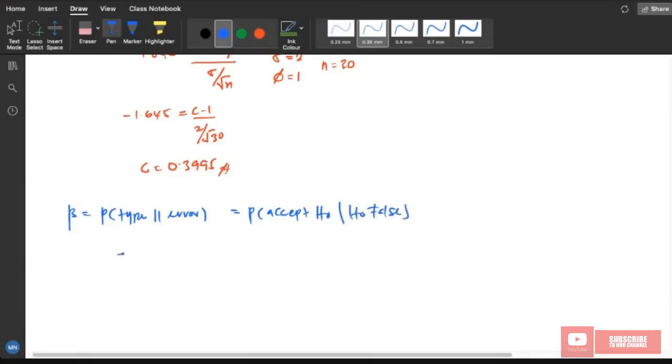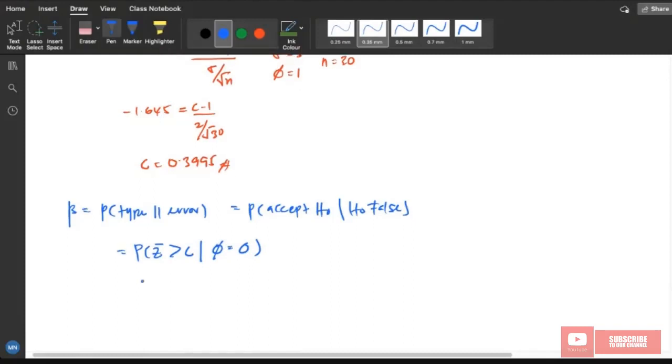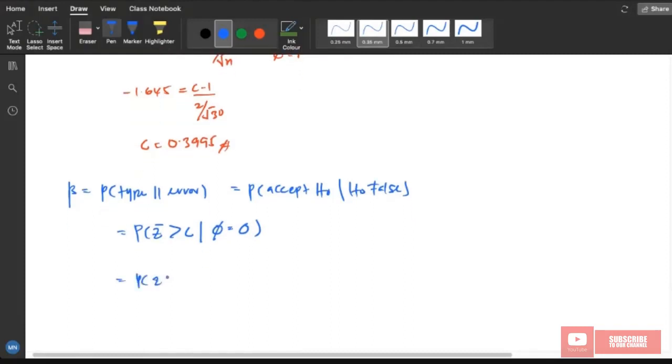So accept the null hypothesis when Z bar is more than C and phi is equal to 0. This is for the alternative hypothesis. So probability of Z more than C minus phi divided by sigma over square root of n.